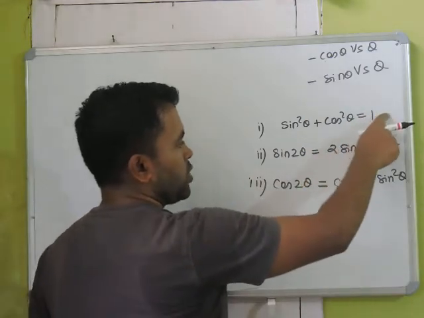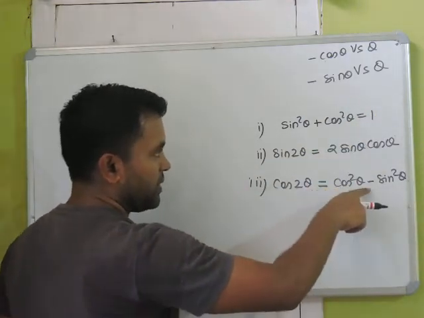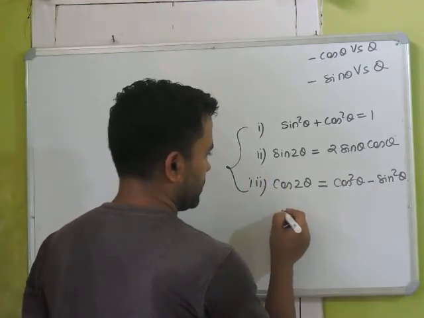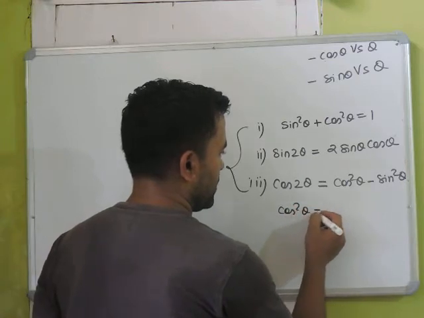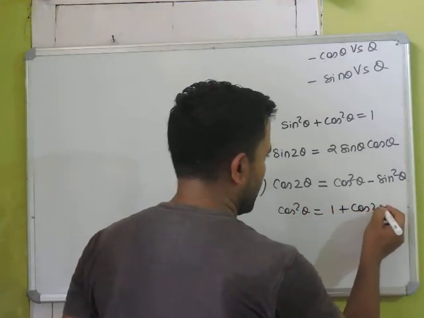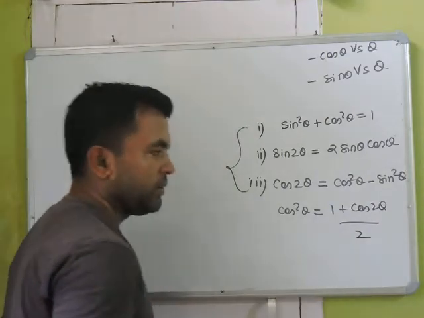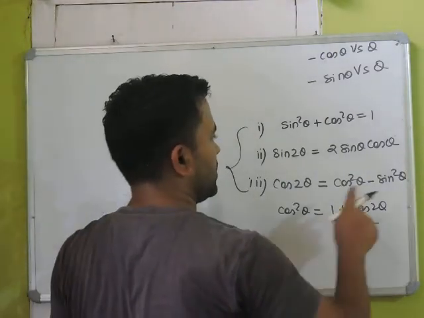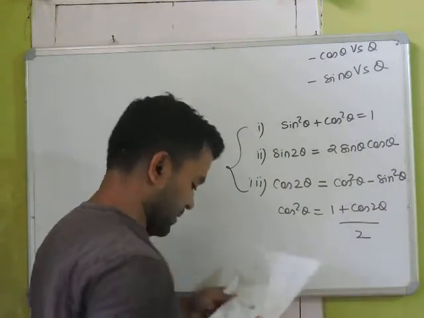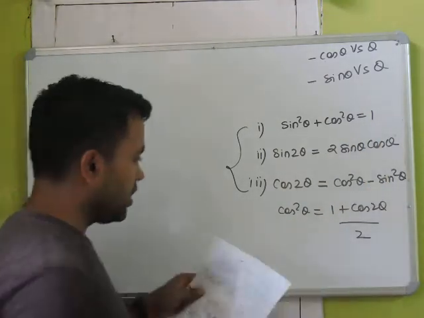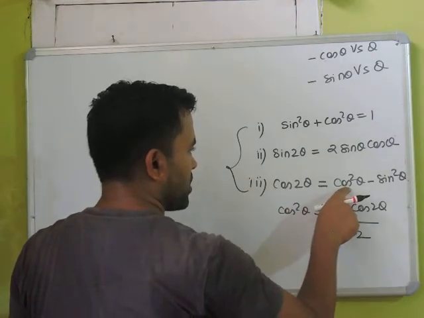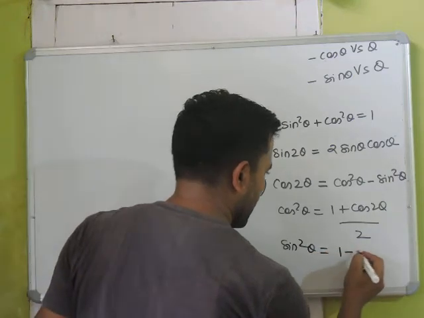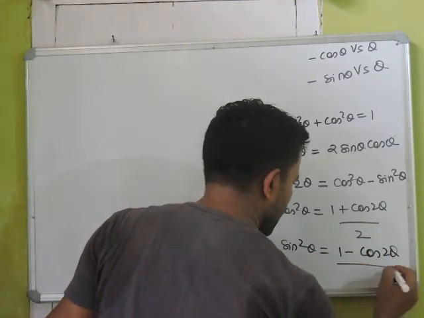So by merging these two formulas, you can find that cos square theta is 1 plus cos 2 theta by 2. Just change sin square into cos square theta and you will get it. And if you change cos into sin, then you get sin square theta is equal to 1 minus cos 2 theta by 2.